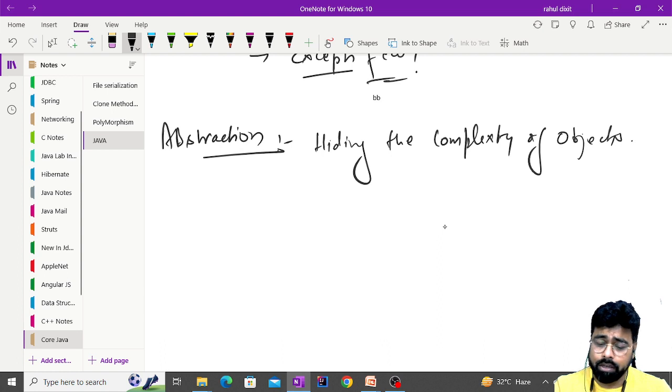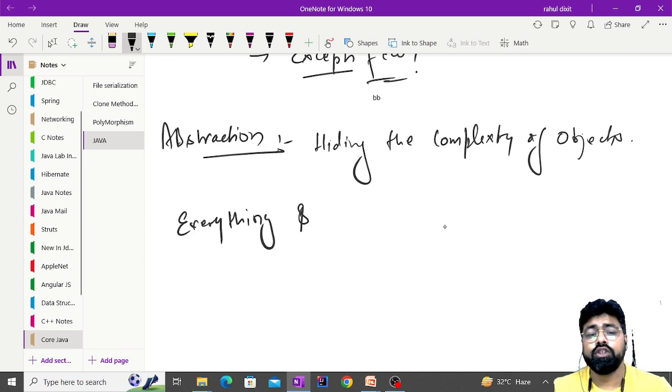And the last property, but not the least: everything should be in the form of classes and objects.